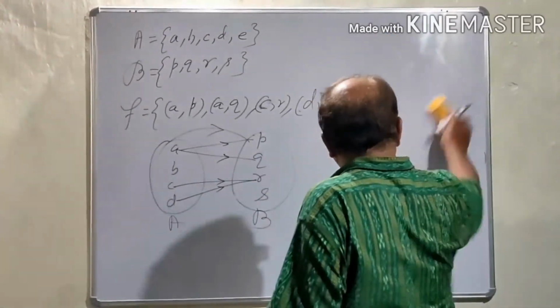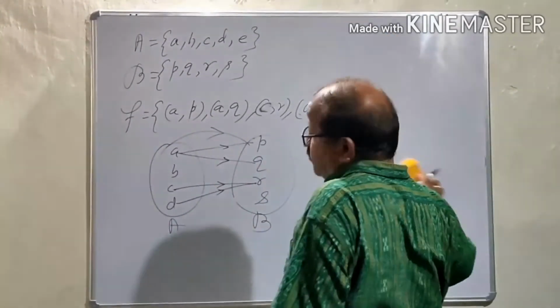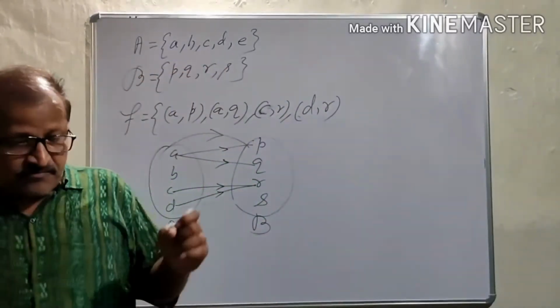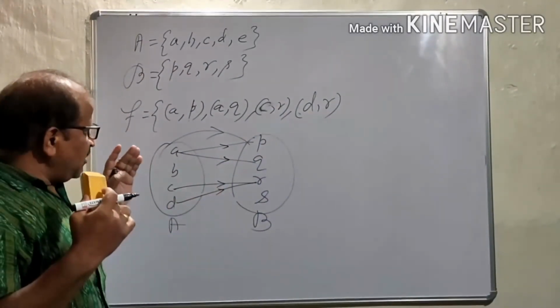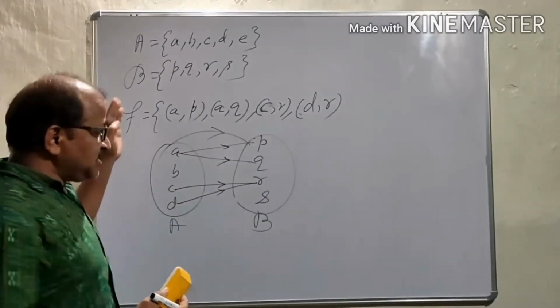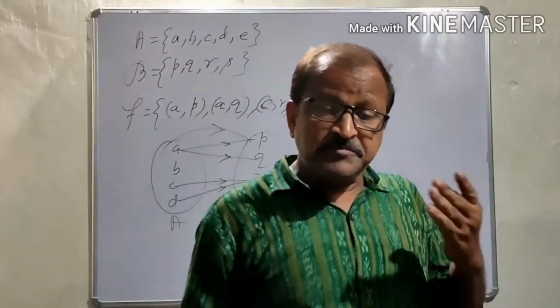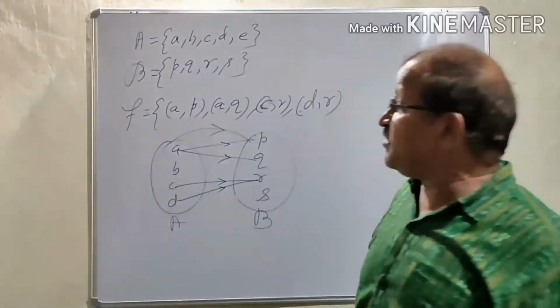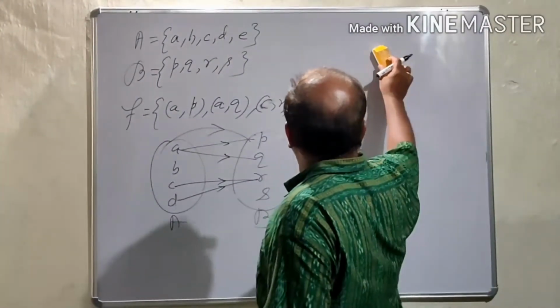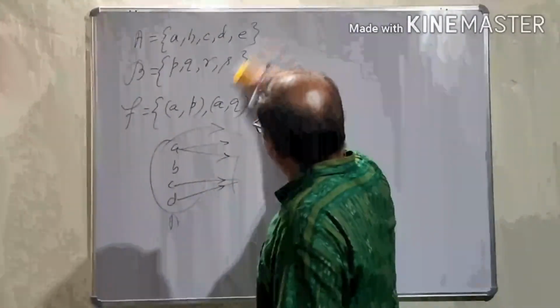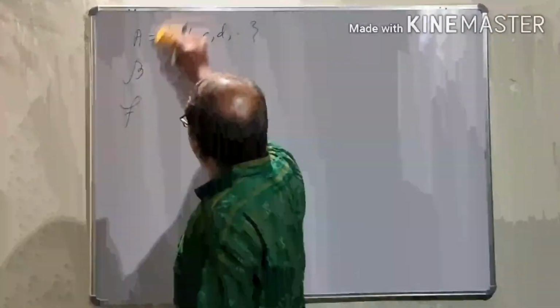Now let me know, if a relation F is a relation from A to B, how many different relations can be made from a set A to a set B?